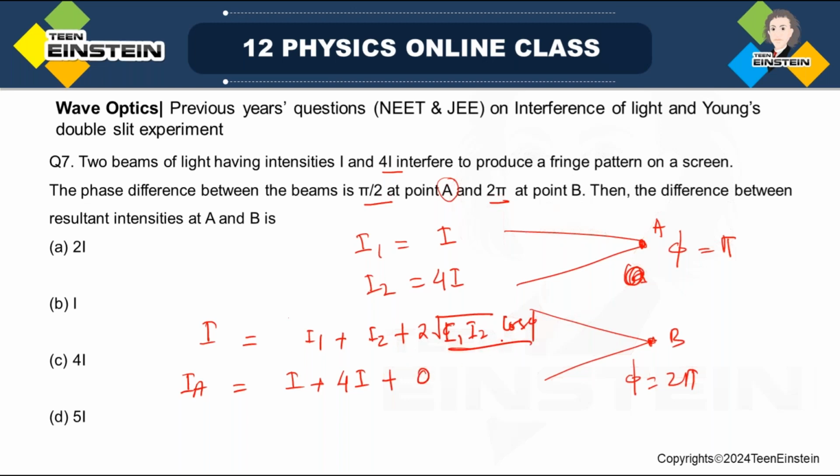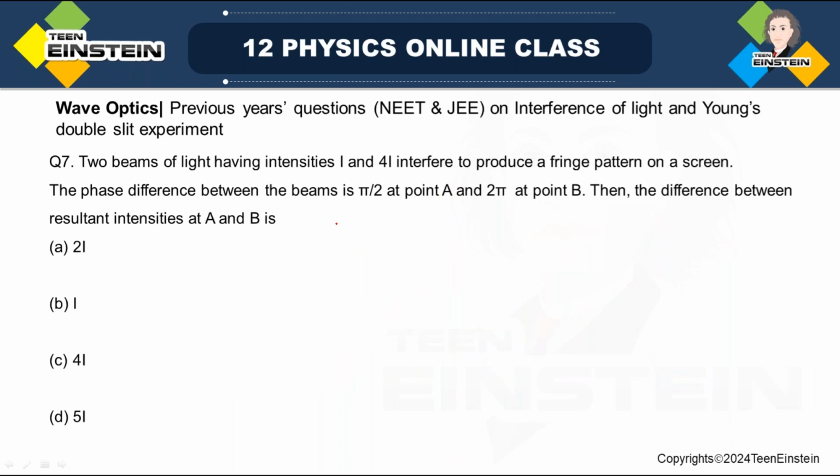I am just taking pi by 2 as the phase difference here. So IA we have got 5I.